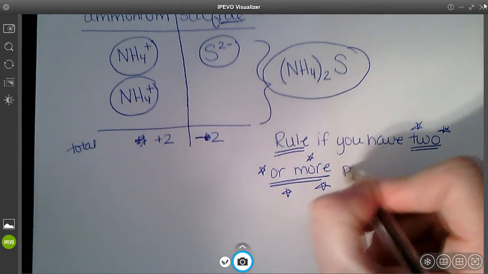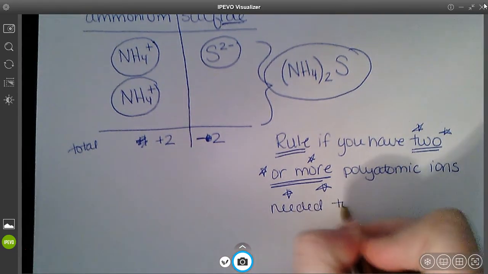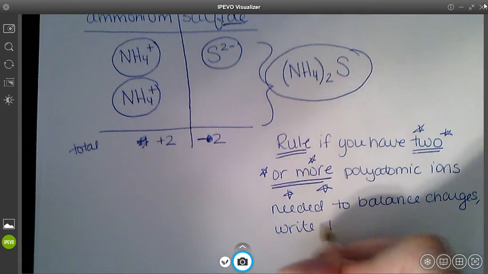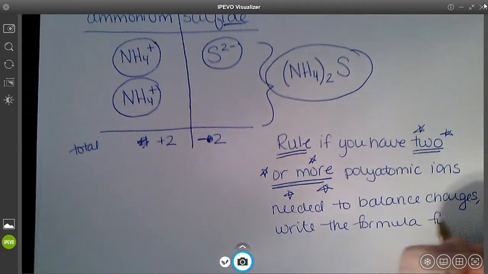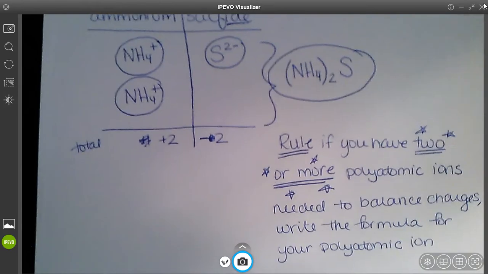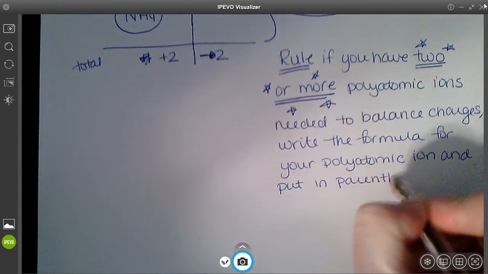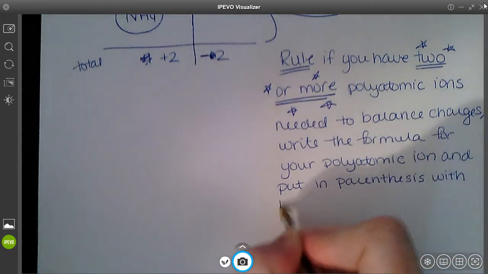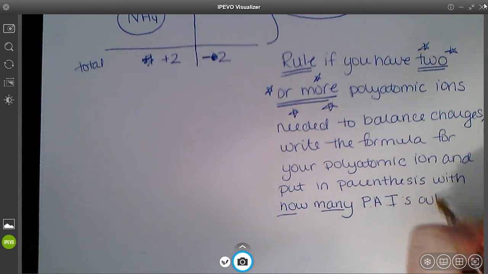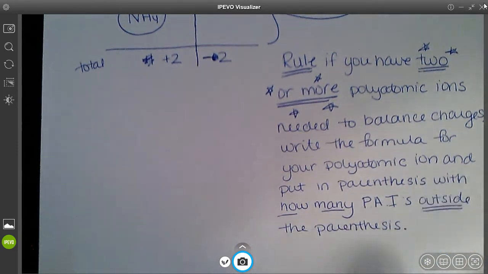If you have 2 or more polyatomic ions needed to balance charges, write the formula for your polyatomic ion, and put in parentheses, with how many polyatomic ions outside the parentheses. So this is the rule.